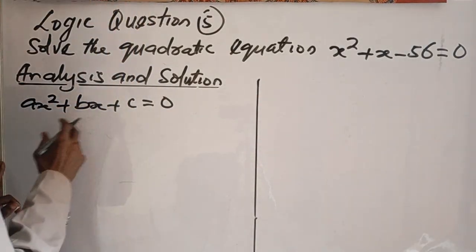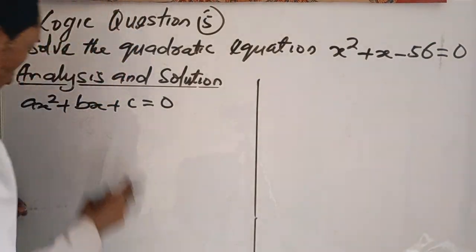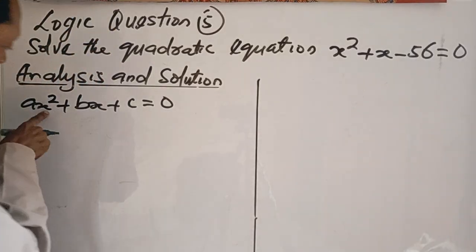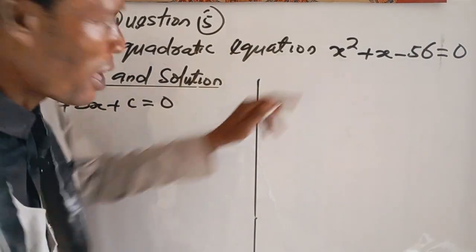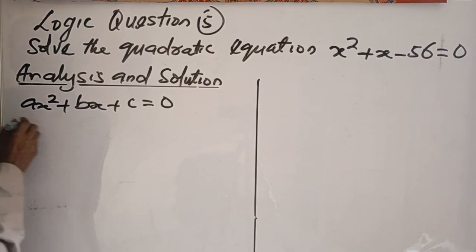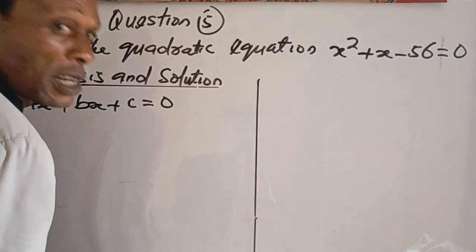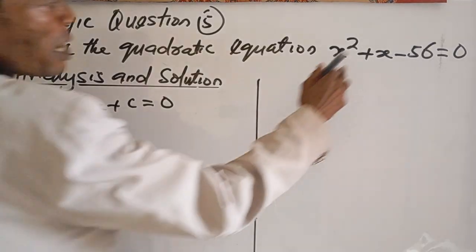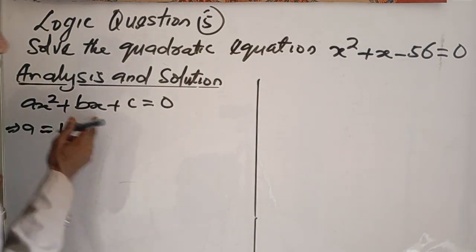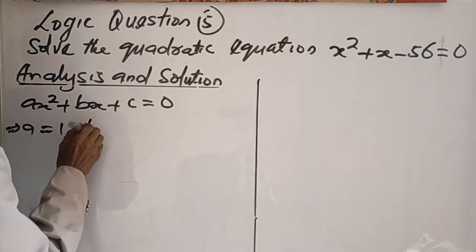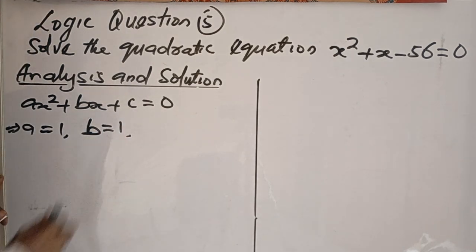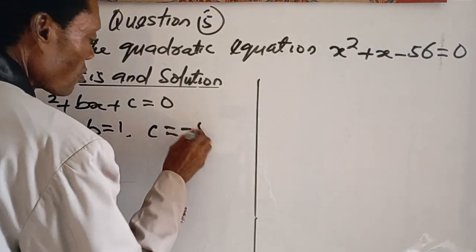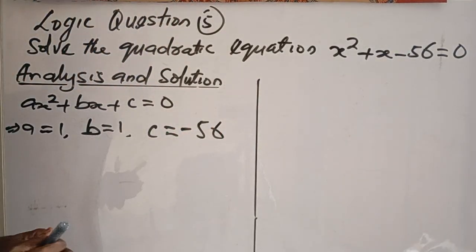So comparing their coefficients, a will be the coefficient of x squared, which is 1. Then b, which stands for the coefficient of x here, is also 1. Then c is minus 56.